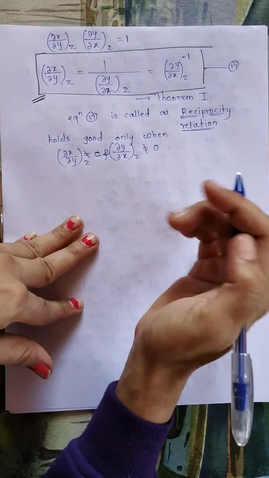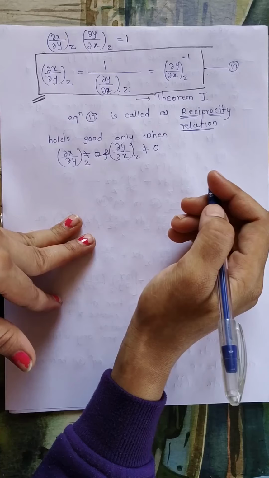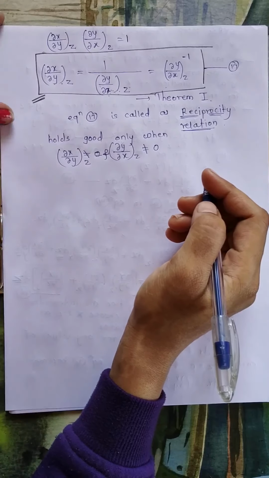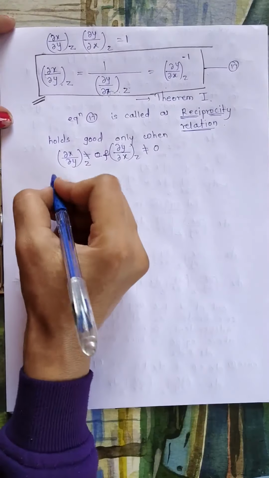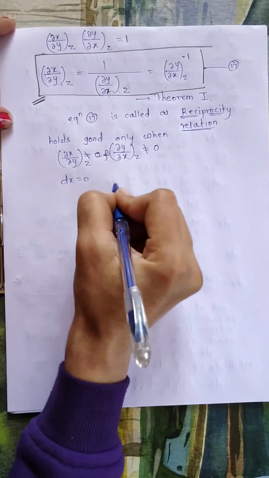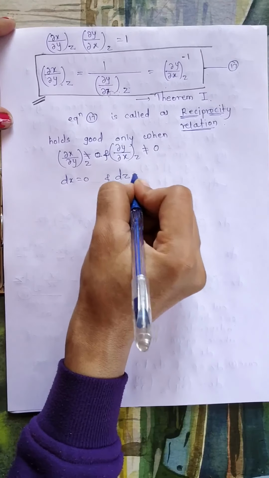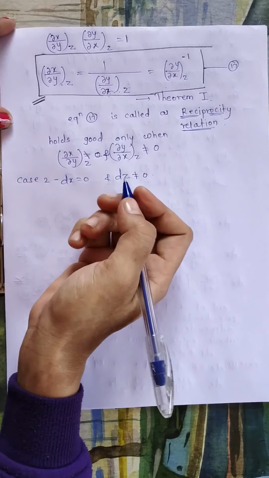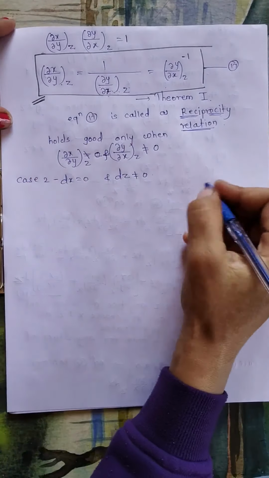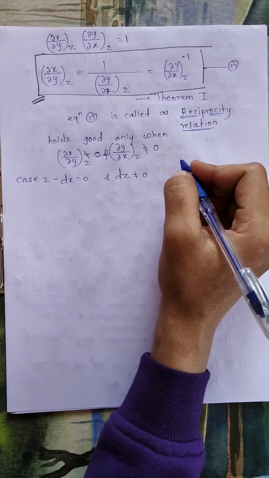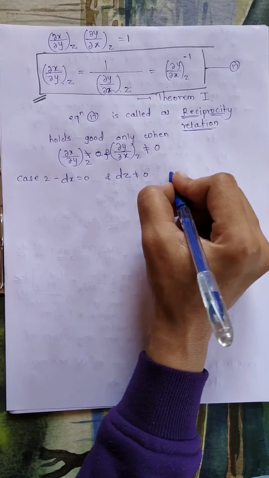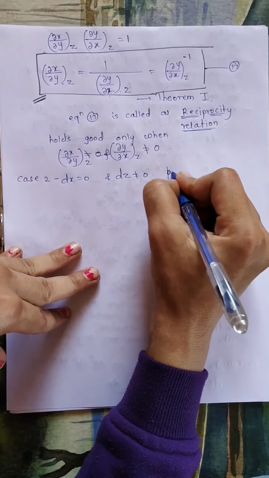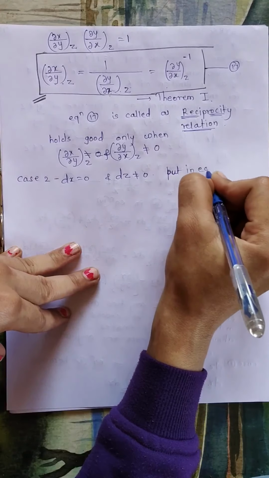Now what will we do? We will take another case in which we take dx as 0 and dz not equal to 0. This is our second case, and we will put it in equation number 16.